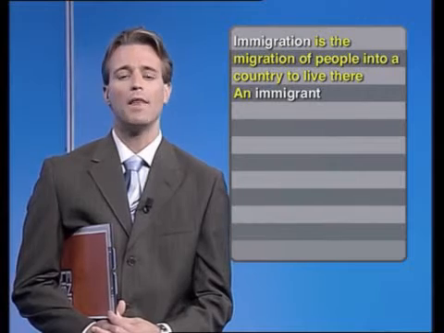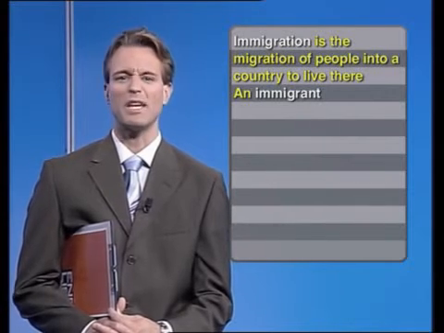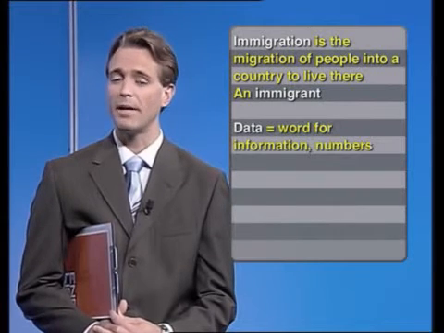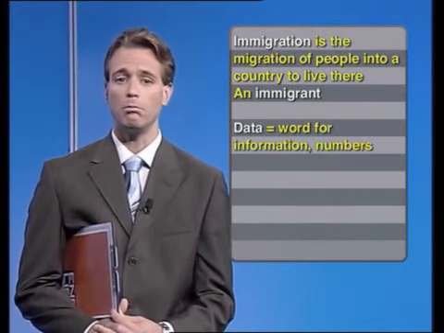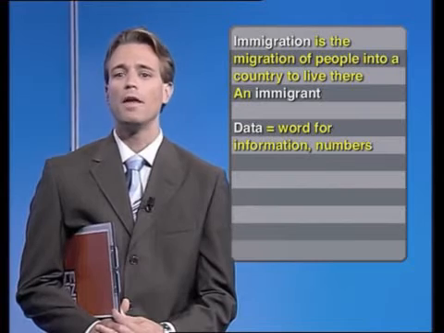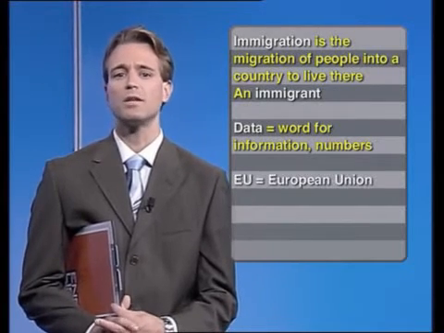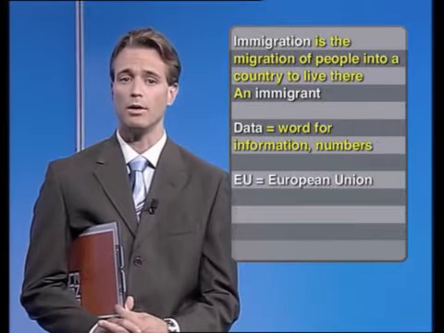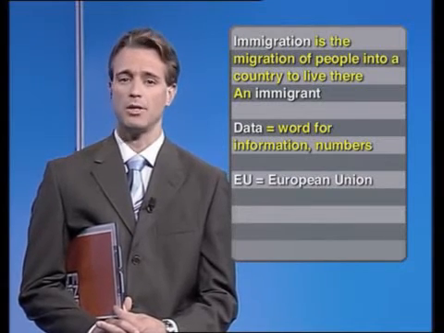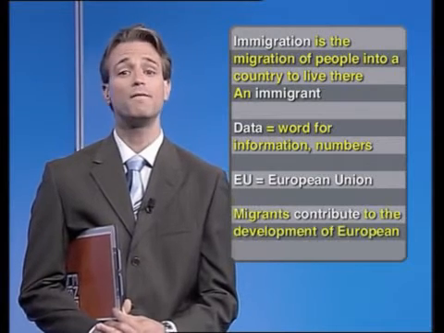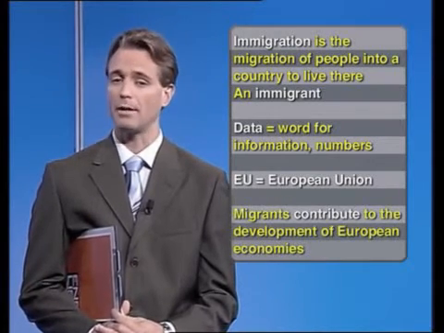Data shows that the number of migrants coming to Europe is increasing. Data is another word for information, usually numbers. Well, there are divided opinions in the EU. The EU stands for the European Union. Some EU politicians think it's a good thing because migrants contribute to the development of European economies.